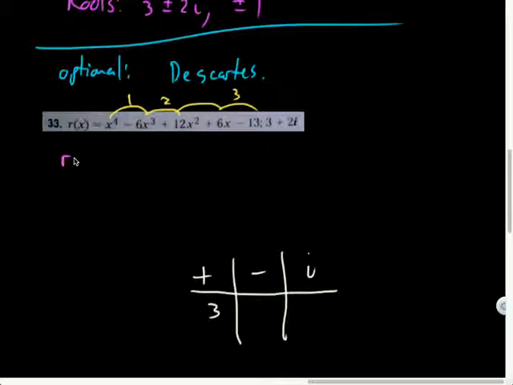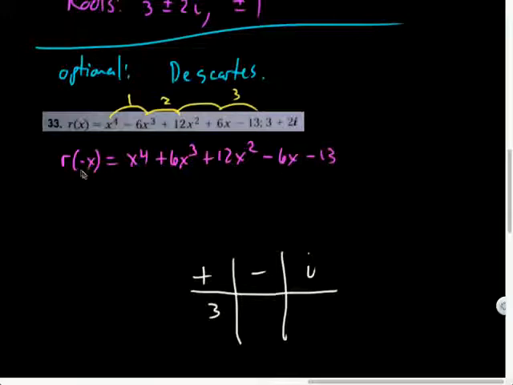Then I'd have to calculate the old f of negative x in this case. And let's see if I can skip some steps. Well, let's see. This one's raised to an even, so it's going to be positive x to the fourth. This one's raised to an odd, so it would be negative x cubed times a negative 6x would have been positive 6x cubed. Even, that would have been positive. That would have become negative 6x, and that would have been negative 13.